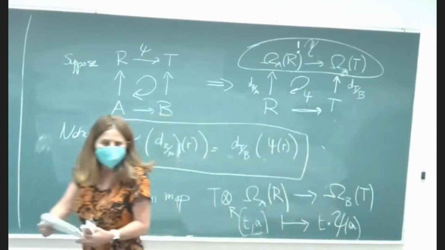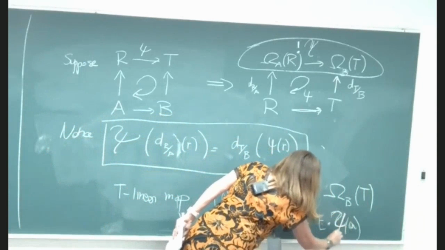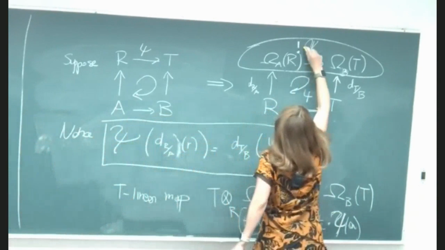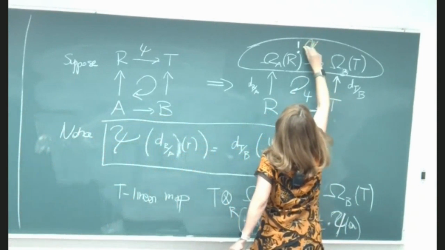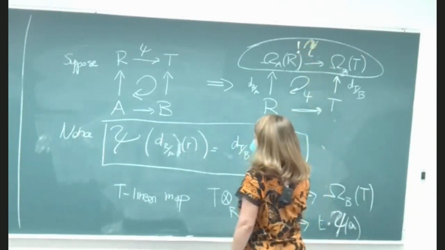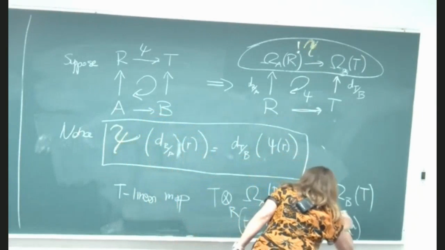So this is the new psi. Maybe I should do it in yellow. That's much better because it's not clear. Let me do it in yellow. So that's the unique one, and this is the yellow one.